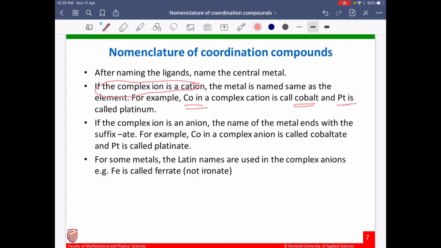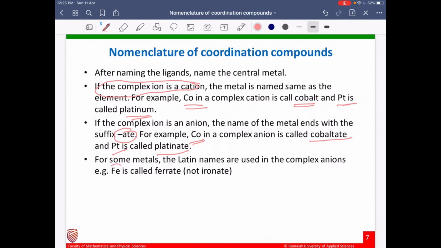If platinum is there, we will call it platinum. Now imagine your complex ion is an anion, then the metal name ends with the suffix ate. For example, if we have a cobalt-containing complex ion which is an anion, then the metal cobalt should be named as cobaltate. If it is platinum, it will be platinate.